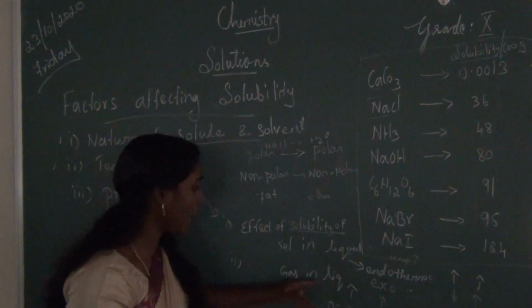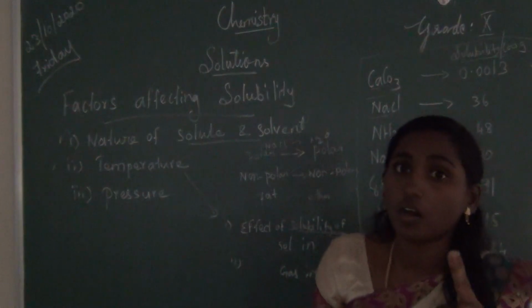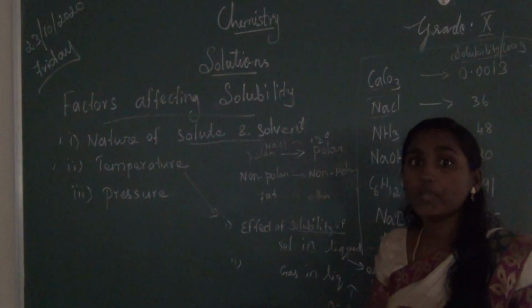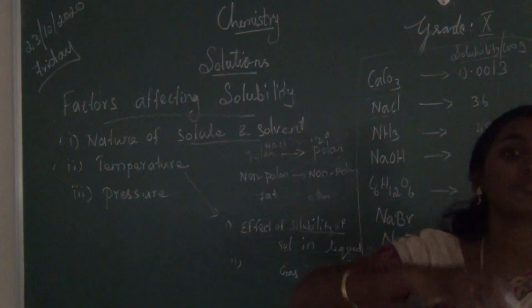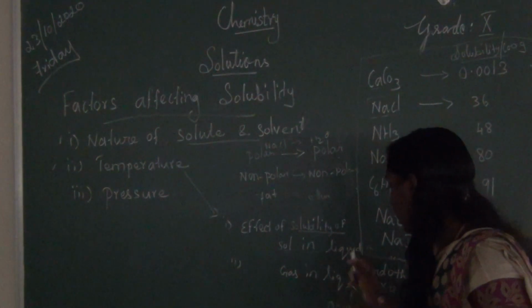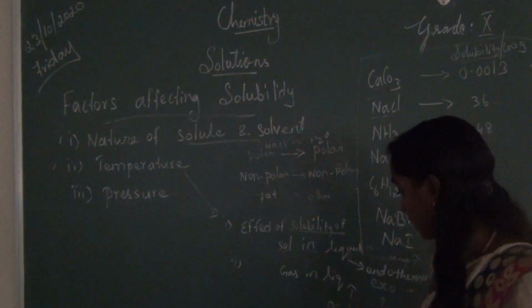Then effect of gas in liquid. Here we studied two examples, that is oxygen and bubbles. When water is boiling, why are bubbles releasing? That means dissolved oxygen escapes in the form of bubbles, so as temperature increases, oxygen decreases.